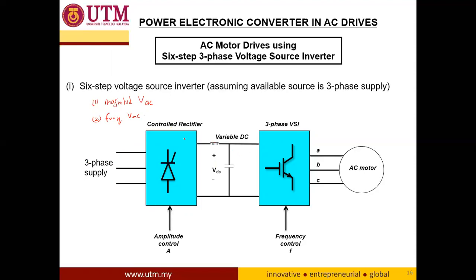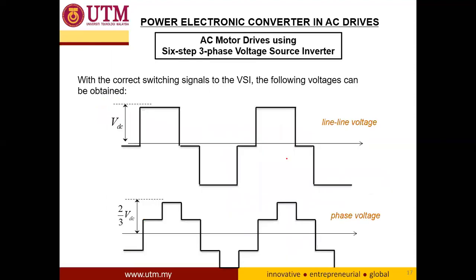So you are using a controlled rectifier. By adjusting the firing angle, definitely you will have a variable VDC, meaning that you can control the DC input to this inverter. Okay, so this controlled rectifier will control the amplitude, while the inverter will control the frequency for the AC motor.